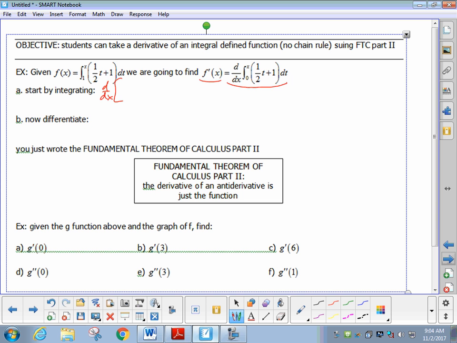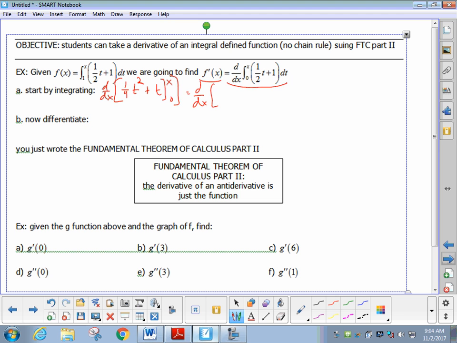What's the antiderivative of 1/2 t? 1/4 t squared. And what's the antiderivative of 1? t. And I need to evaluate that from 0 to x, yeah? I have not taken the derivative yet. Keep it there.